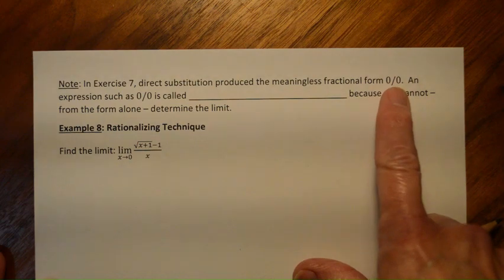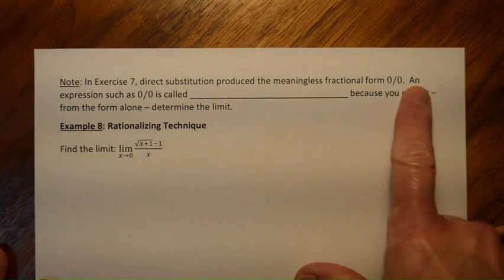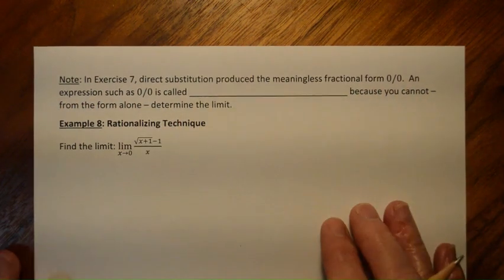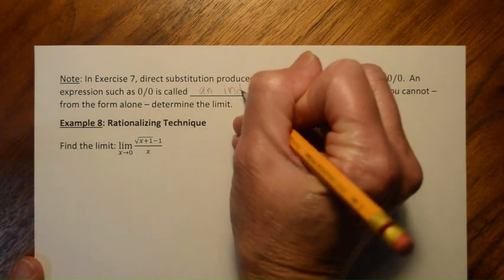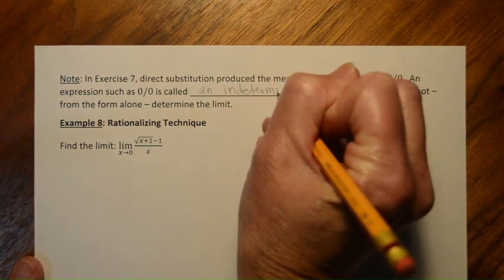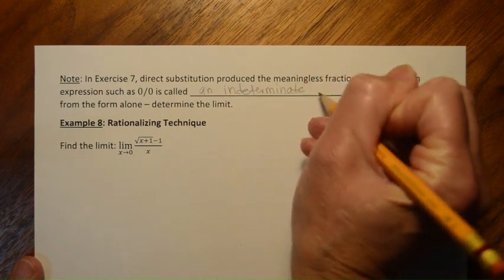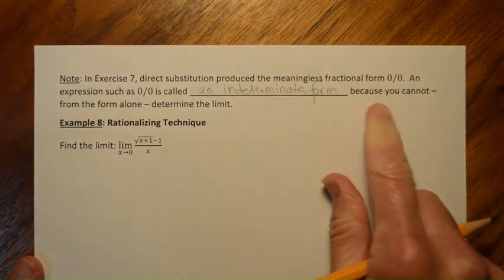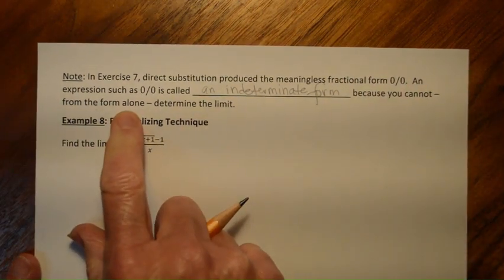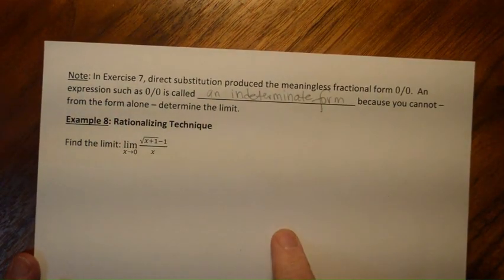No, it's not. It's just weird. So an expression such as 0 over 0 is called an indeterminate form, because you cannot, from that form alone, determine the limit.